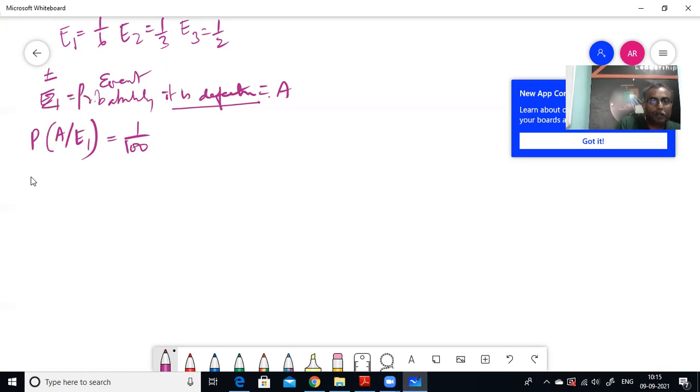Then the probability that it is defective, given it is produced by machine E2, is 2%.